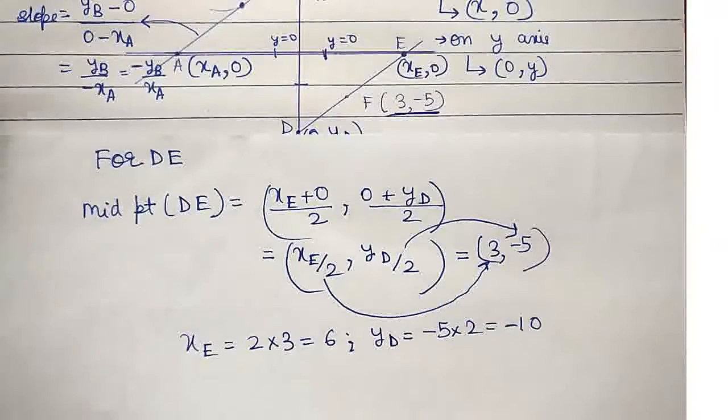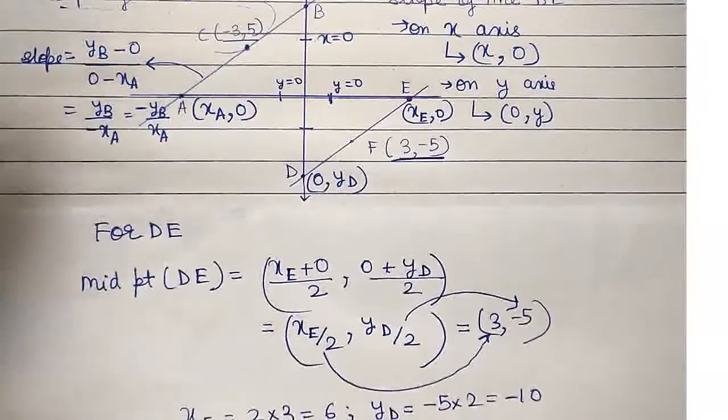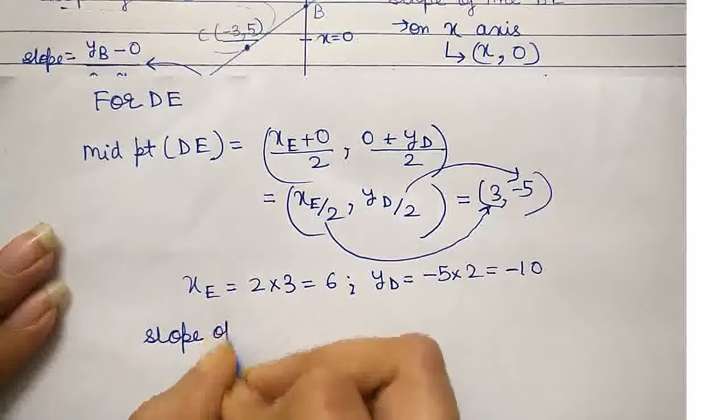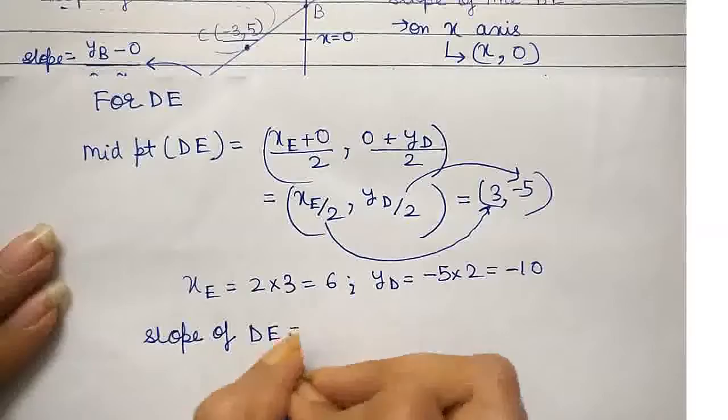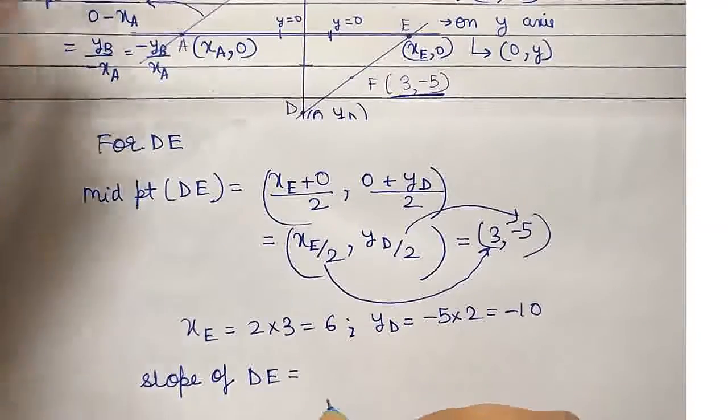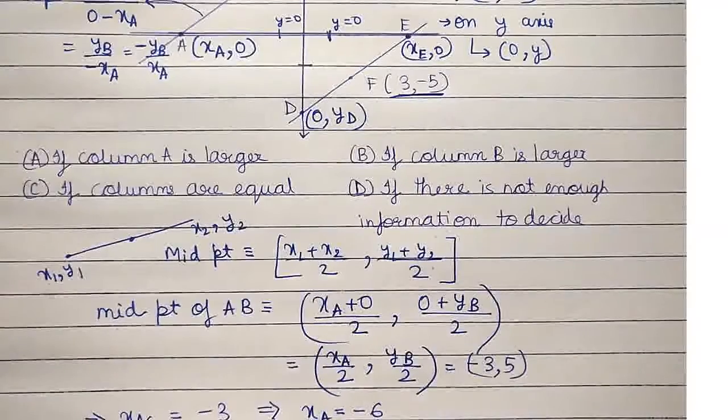Now again using the formula for slope, the slope of DE should be equal to, we will use the formula of slope that we had just seen here.